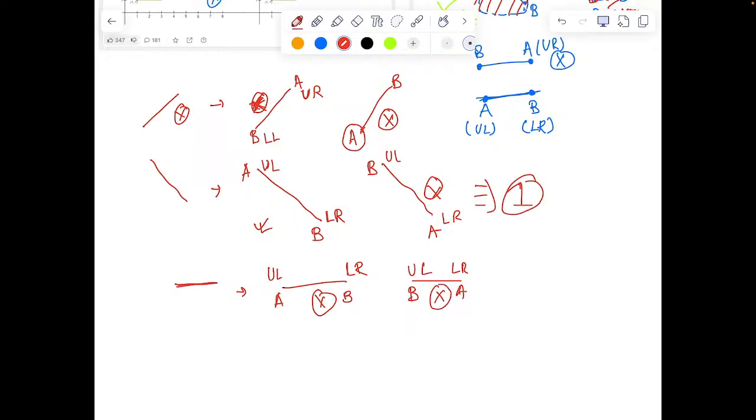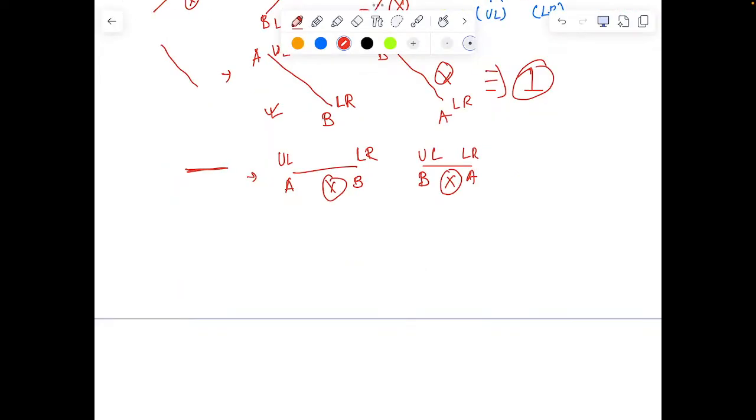Okay. And then what we get here is this vertical thing. So here what we get is this, sorry, my bad, this is AB. We can call this upper left, we can call this lower right as well.